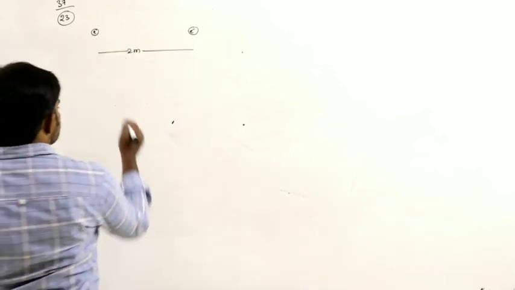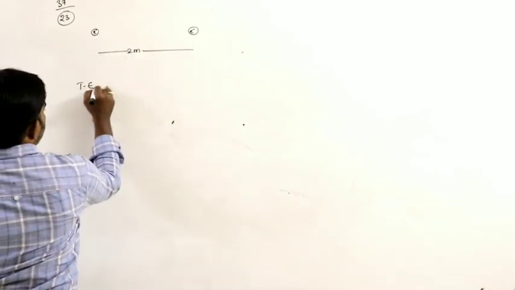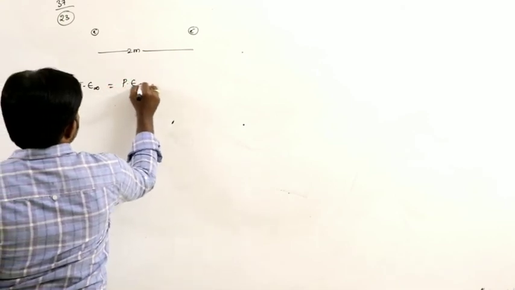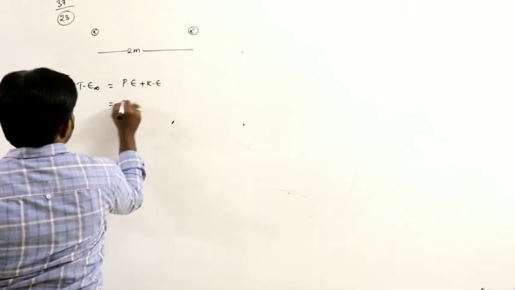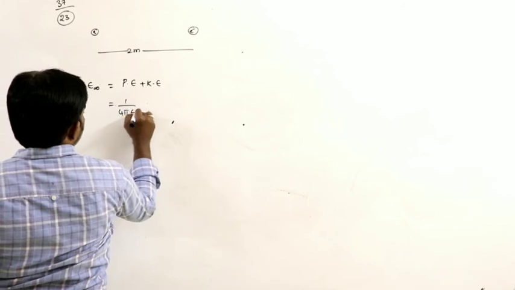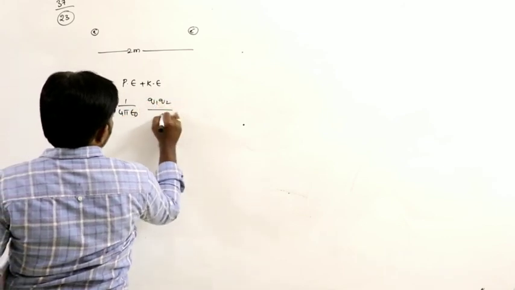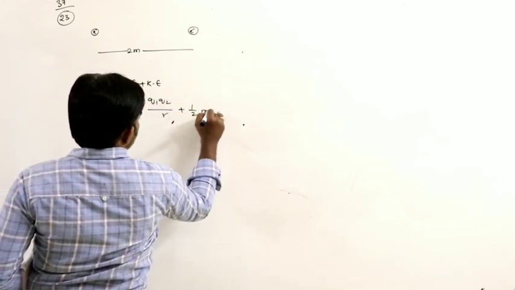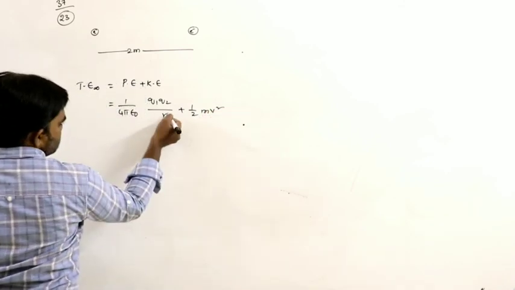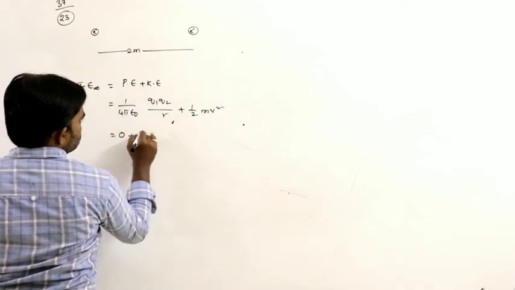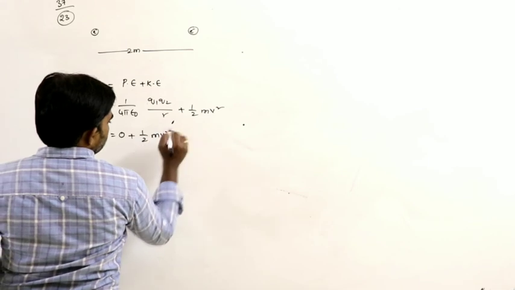So infinity means total energy at infinite distance, potential energy plus kinetic energy. Electrostatic potential energy 1 by 4 pi epsilon naught q1 q2 by r plus kinetic energy is equal to half mv square. R is infinity, so potential energy is 0, so it is half mv square.